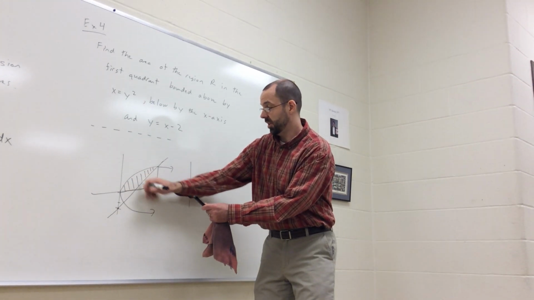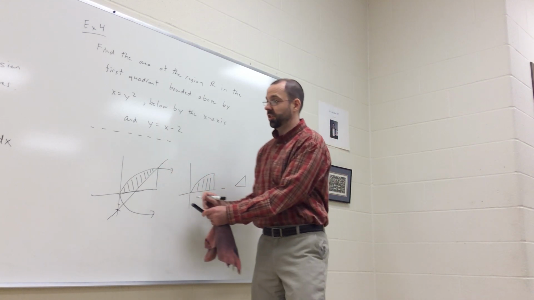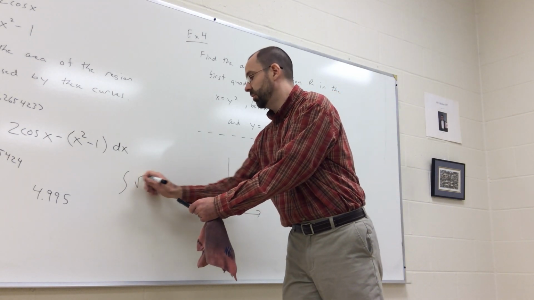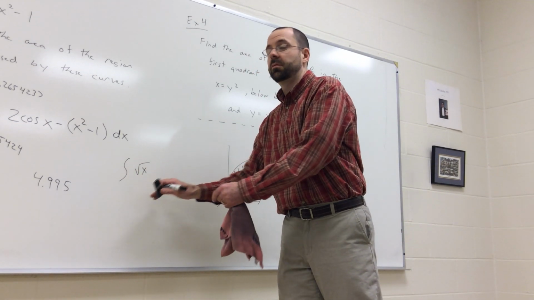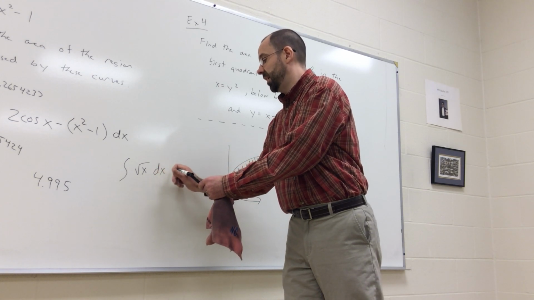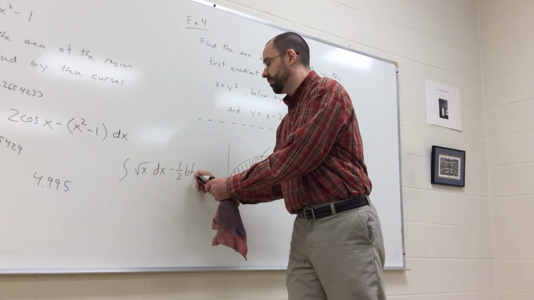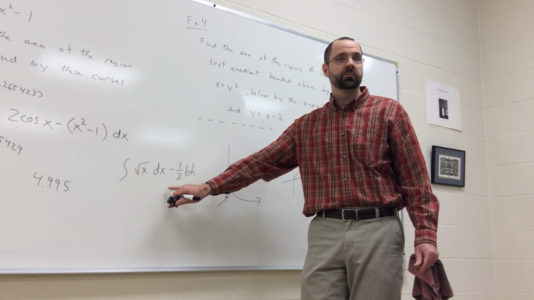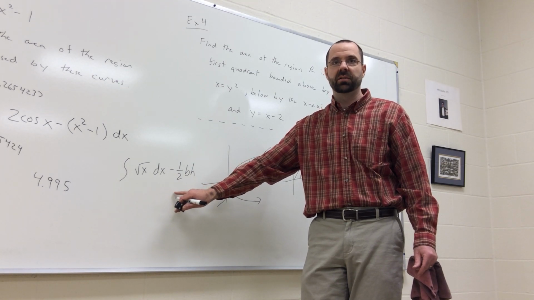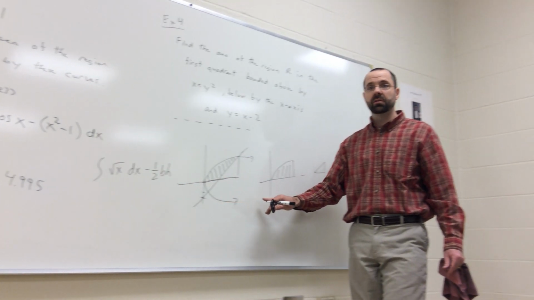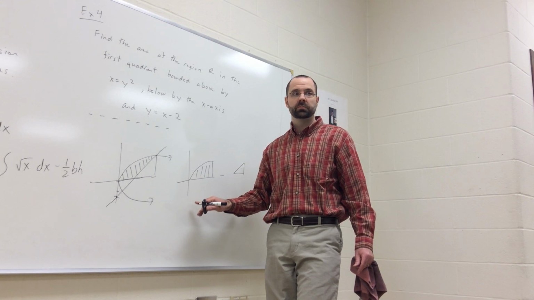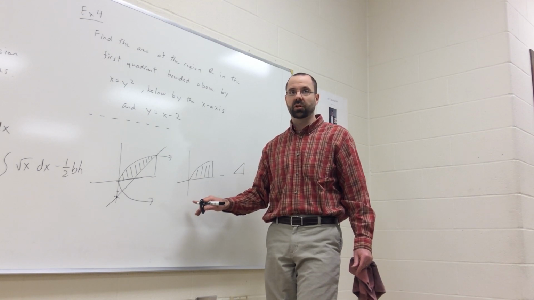So this area here is just an integral underneath the square root of x. And then it's going to be 1/2 BH. Getting towards the end here, so I'm rushing a little bit. Is everybody okay? Are you sure?